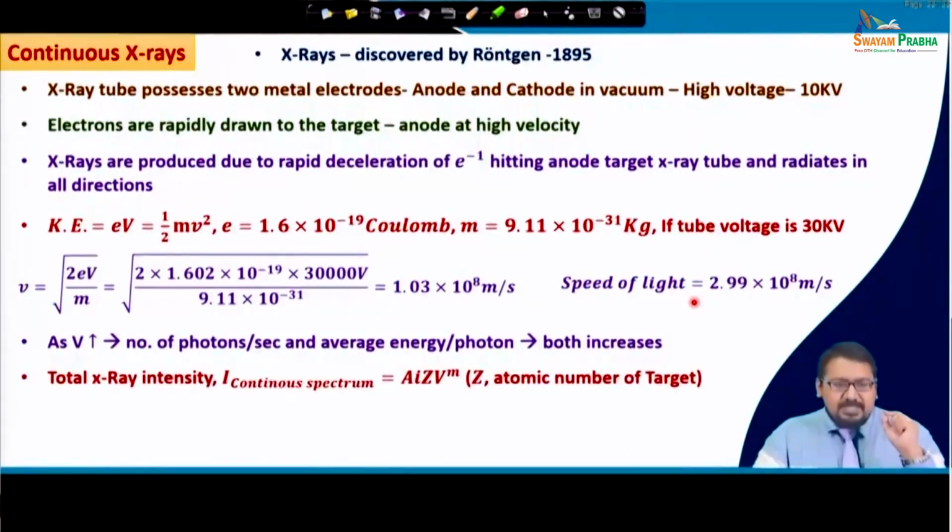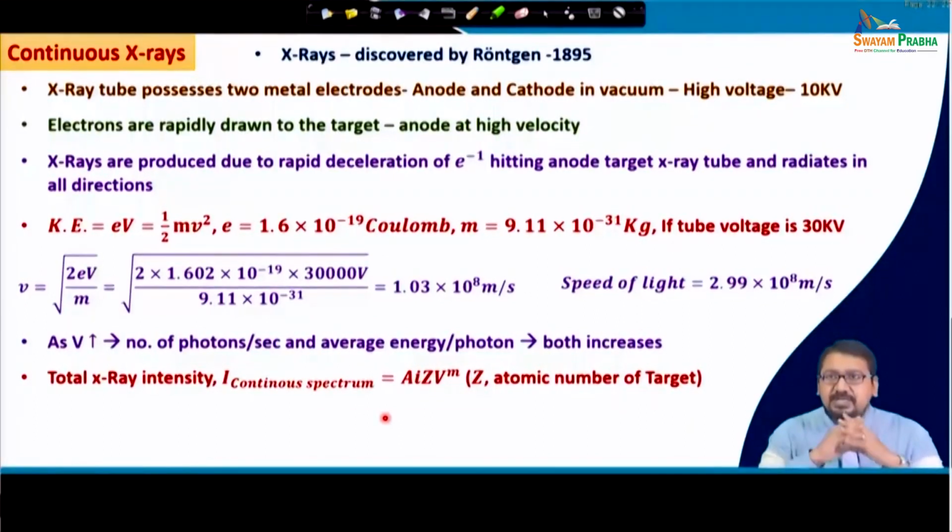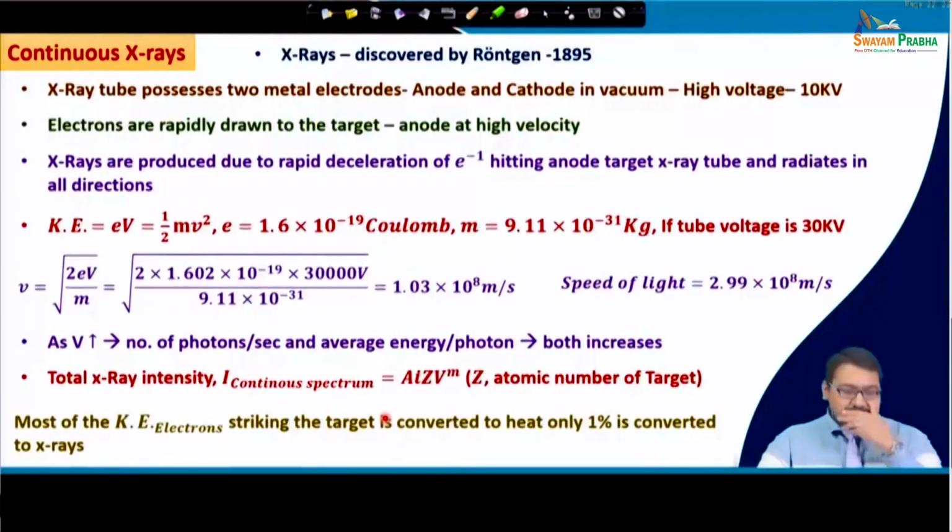So the X-ray intensity of the continuous spectrum becomes equal to A, a proportionality constant, times I, the current inside the X-ray tube, times Z, the atomic number, times V, the voltage, raised to M, which is also a constant, usually around 2 for most cases. This gives the intensity of the continuous X-ray spectrum.